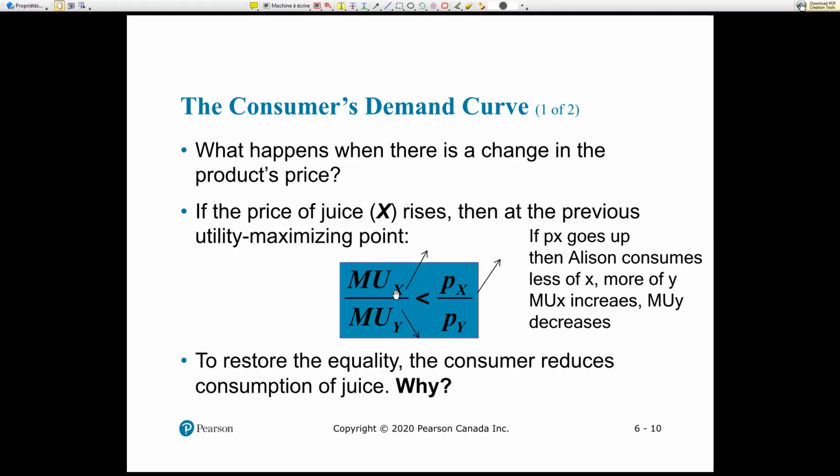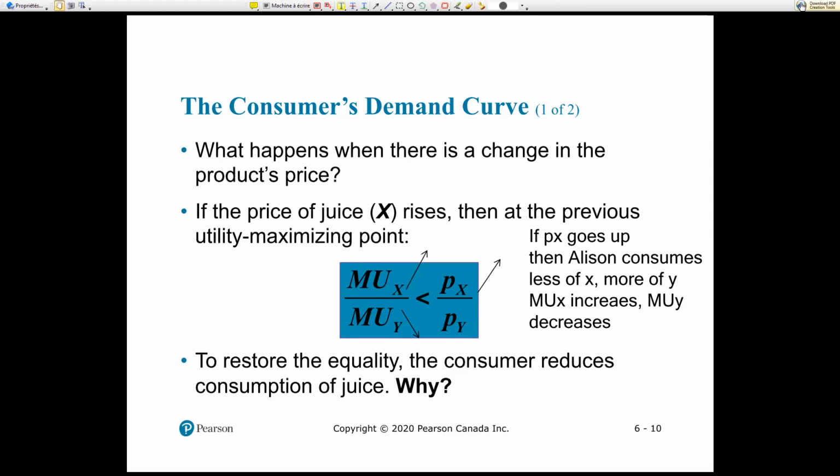So I must be sure that at the end of my decisions, the ratio of the marginal utilities reflects this change. In actuality, what this means is, if the price of juice goes up, I know it's more expensive to buy juice, so I probably want to buy less of it.